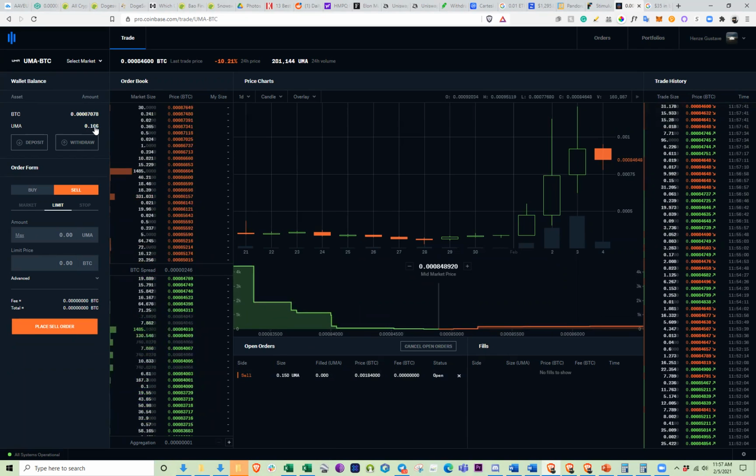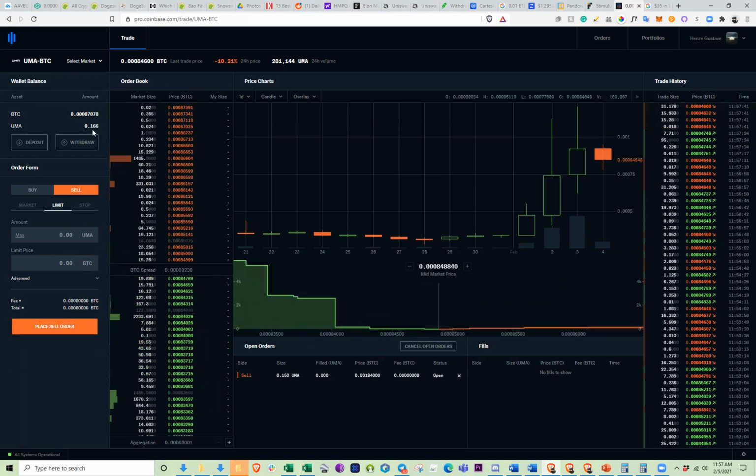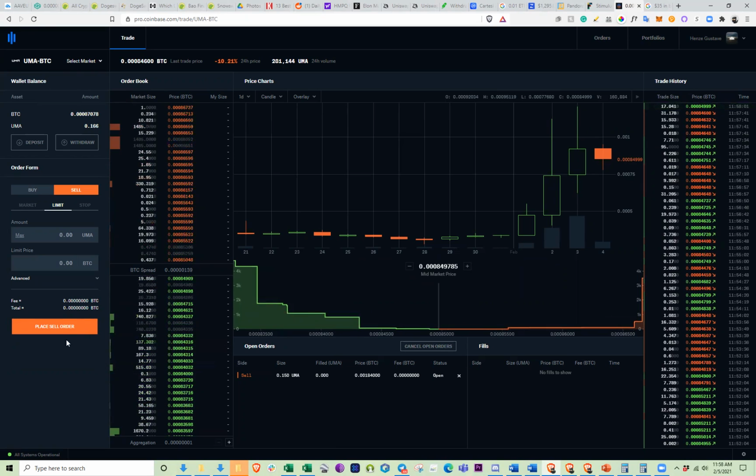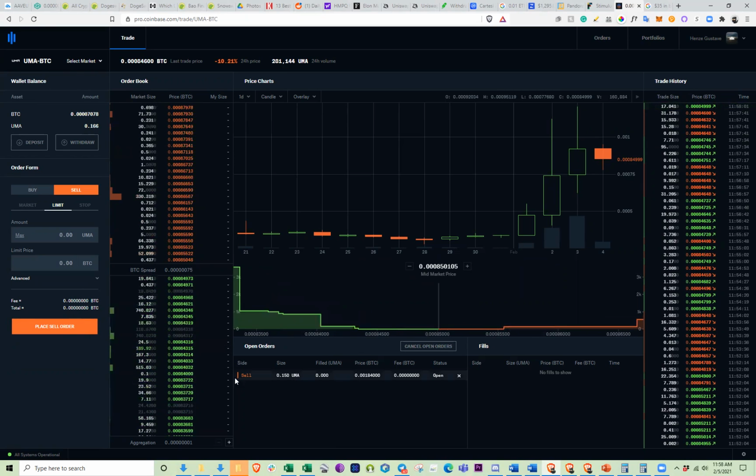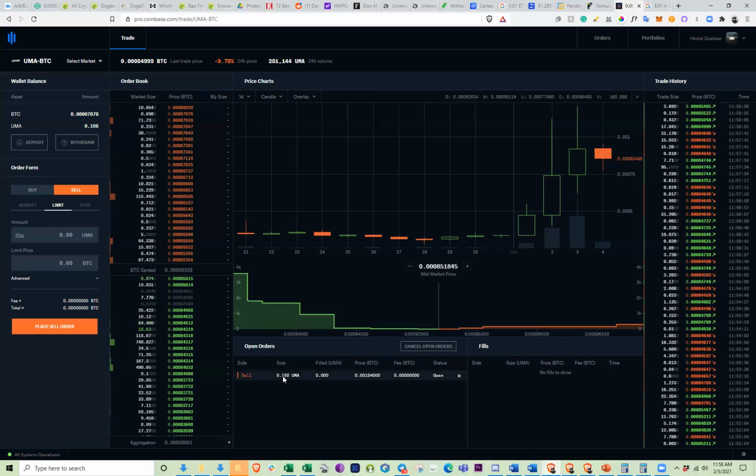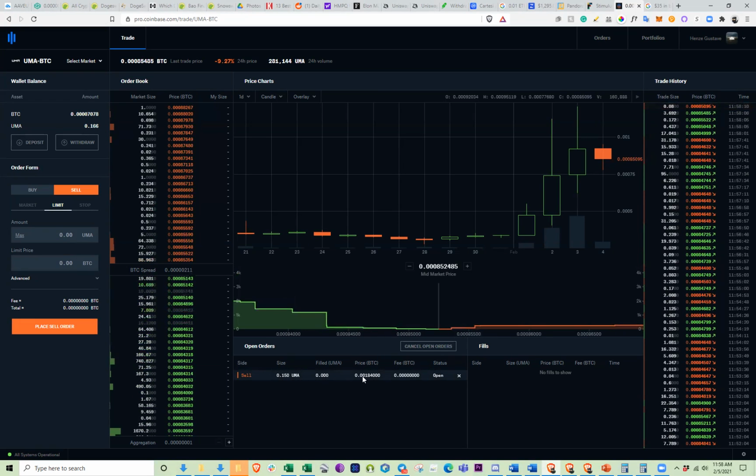And now you can see up here, I roughly have half of it left in my stash. So I can go ahead and do this again. From this order, I'm saying that I want to sell 0.15 UMA at this particular price. At, again, you guys need to get in the habit of using the verbiage Satoshis.